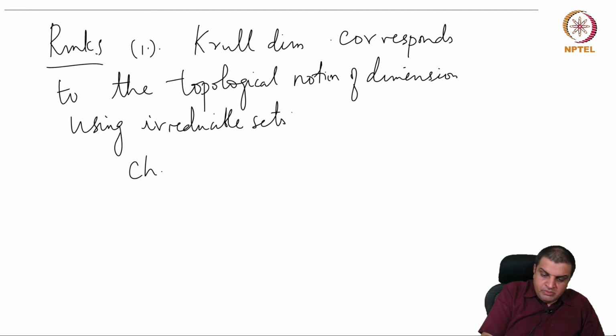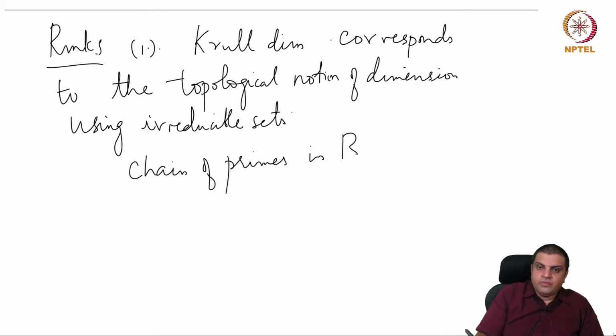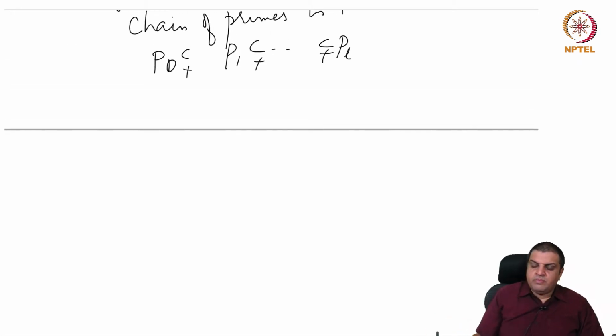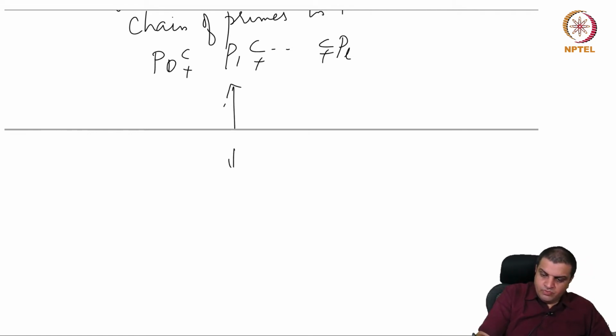In other words, a chain of primes in R, let's call it P0 inside P1 inside up to PL, corresponds to V of P0.